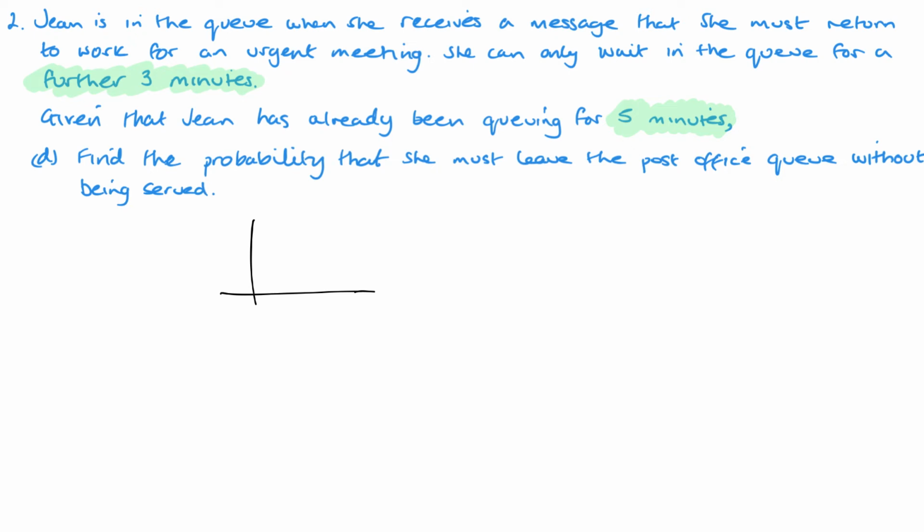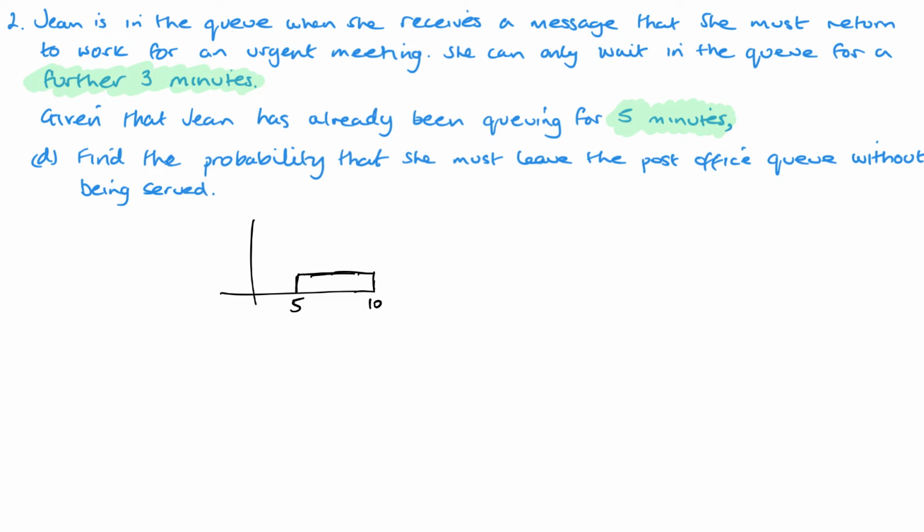Obviously originally it went from 0 to 10. However, in this case she's already been queuing for 5 minutes. So it means that we're starting there. We can ignore that first 5 minutes. So we're starting at 5 minutes up to a maximum of 10. Okay, because that's what it's told us, given that makes it easier doing it this way.